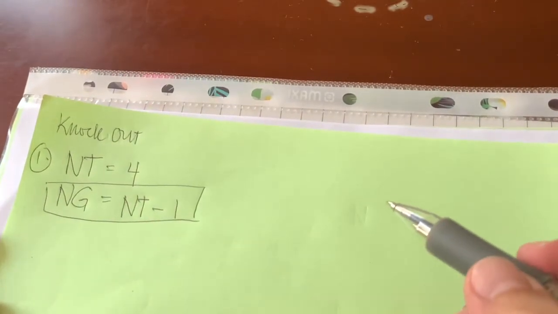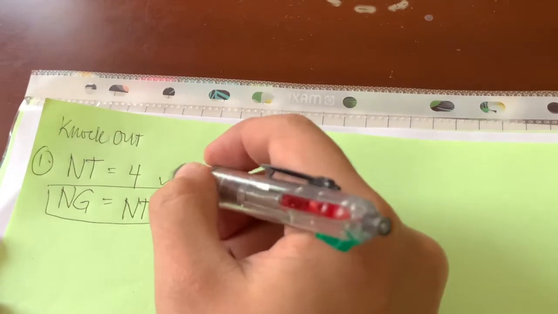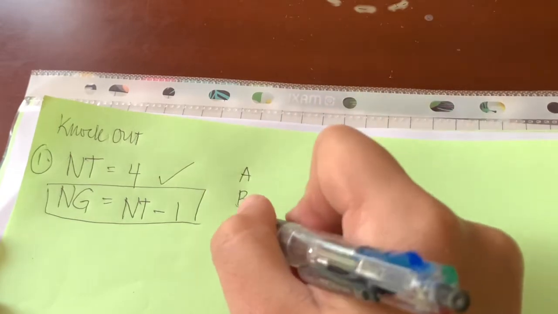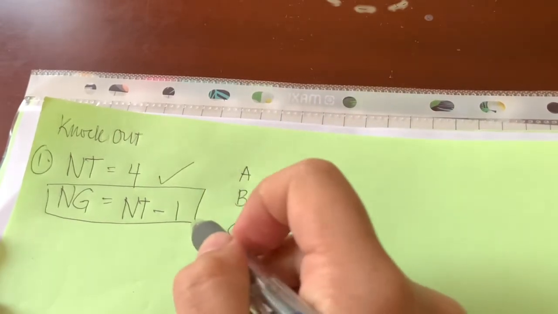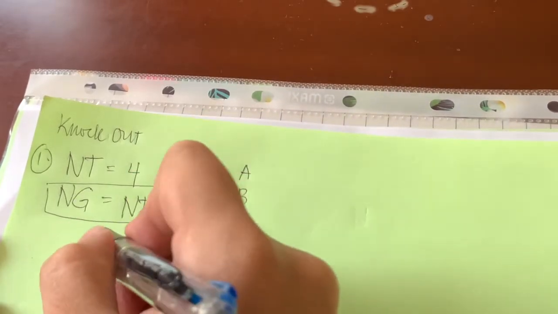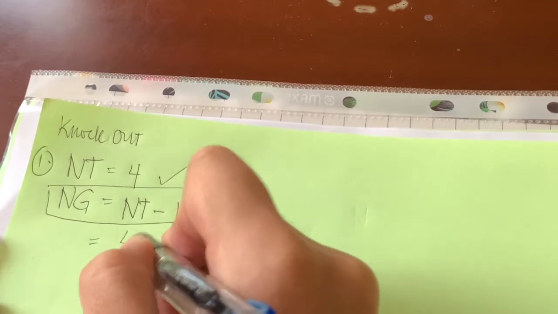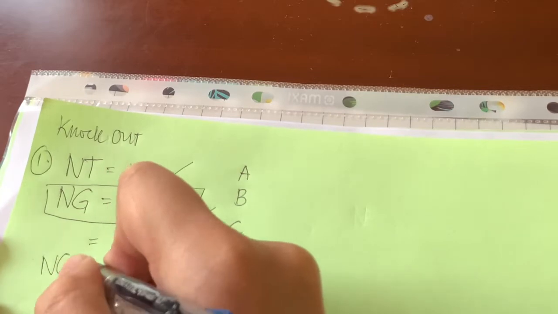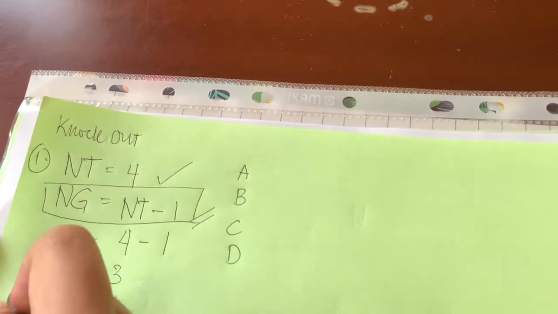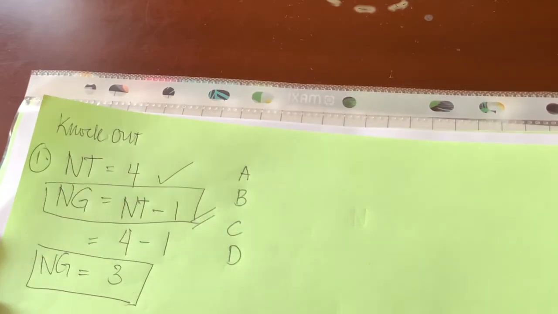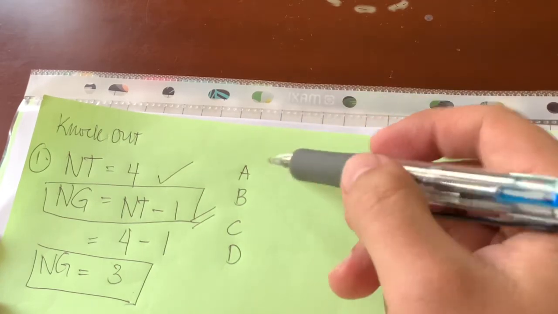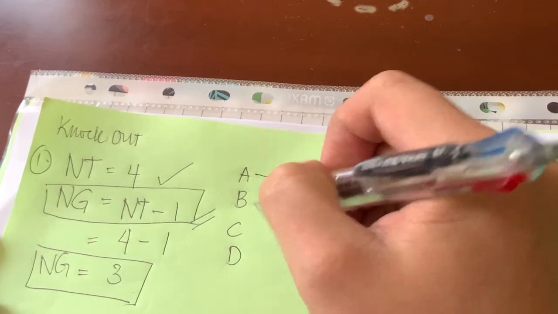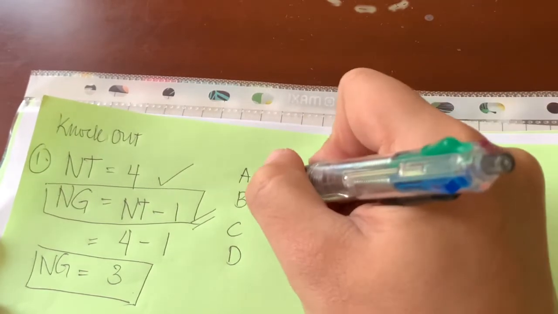If we were going to apply it, if we have 4 teams here, Team A, B, C, and D, following this formula, let's compute. Number of teams is 4 minus 1, so the number of games will be 3. Team A and Team B will go for game 1.